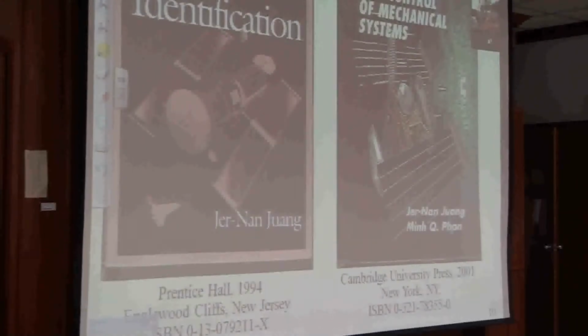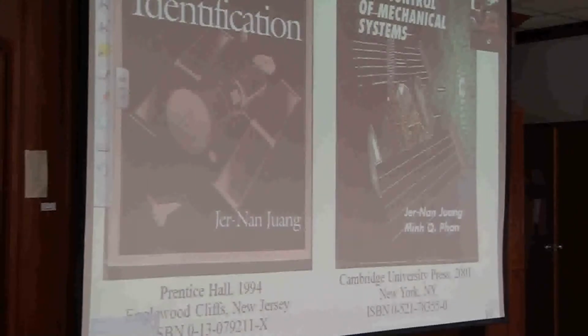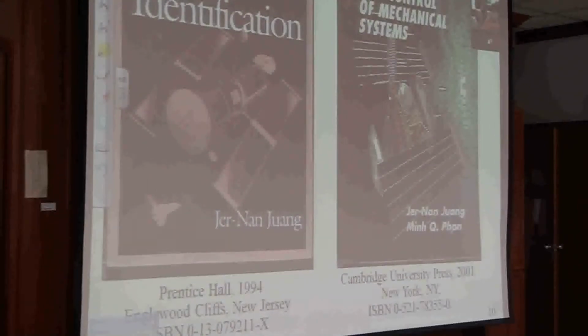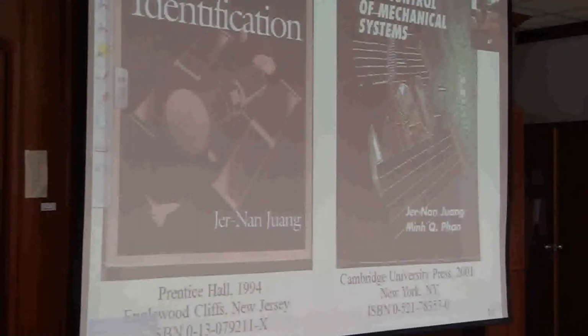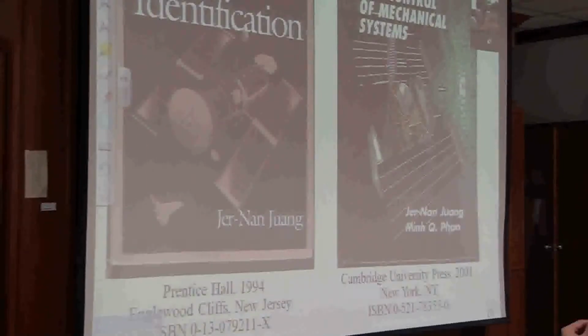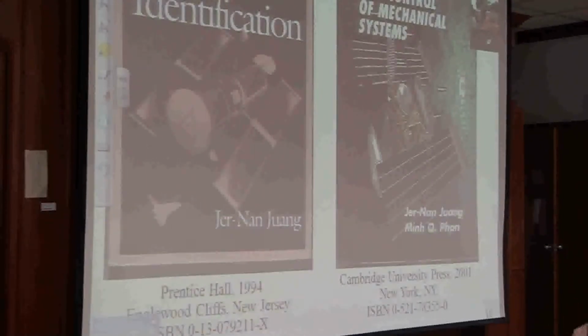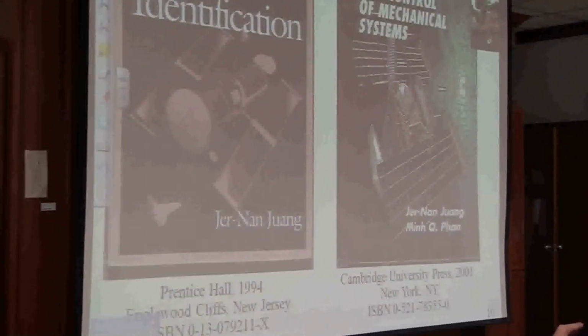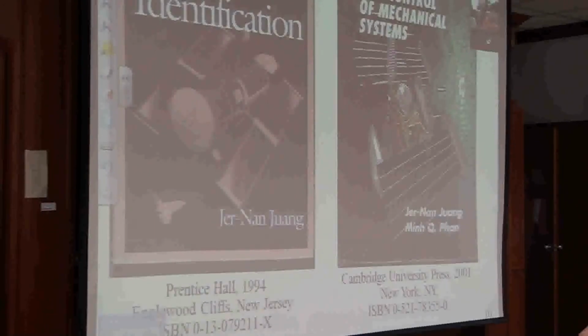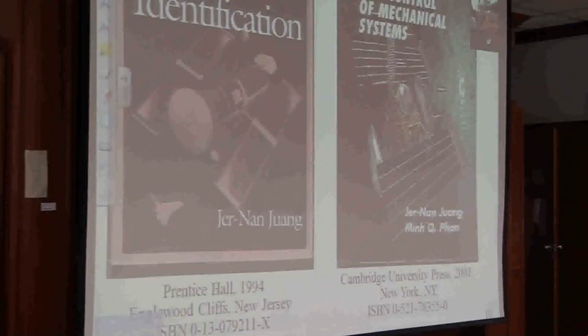The first book is Applied System Identification, that is a part of control. And the second book is written in 2000 something. First book was written in 1994. And the second book is co-authored with this guy who is a longtime collaborator with Dr. Zhang.